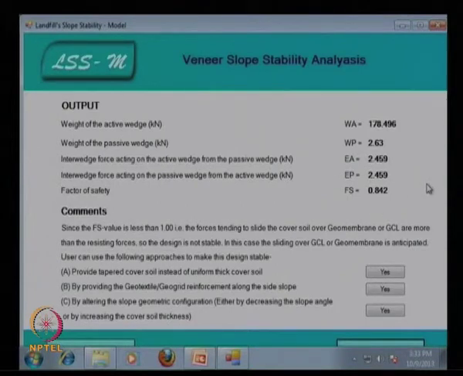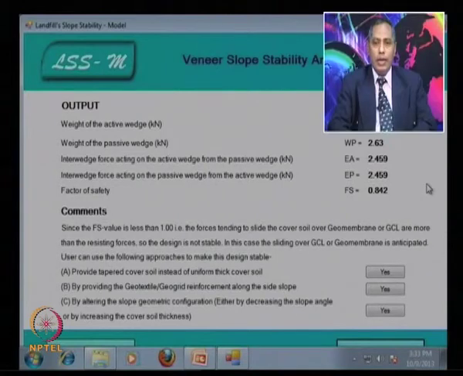Also, the interwedge force acting on the active wedge from the passive wedge, EA, is 2.459, and the interwedge force on the passive wedge from the active wedge, EP, is 2.459. You find here that the factor of safety value is equal to 0.842. So we have already solved this problem.